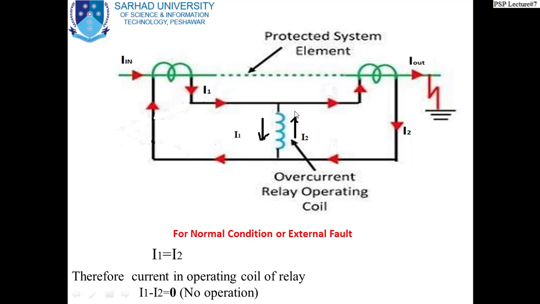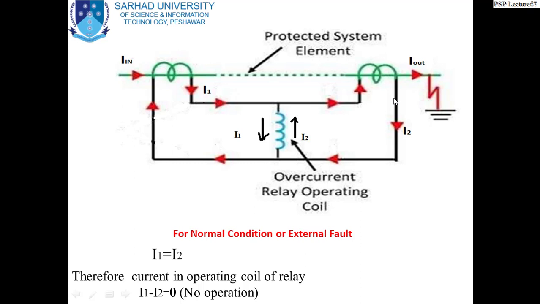Now, gentlemen, as we have shown, I1 is the output current of the incoming CT, and I2 is the output of the CT at the other end of the element.